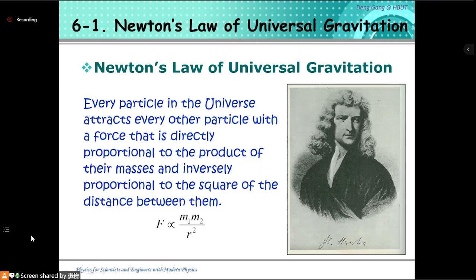Every particle in the universe attracts every other particle with a force that is directly proportional to the product of the masses and inversely proportional to the square of the distance between them. So that's Newton's law of universal gravitation.